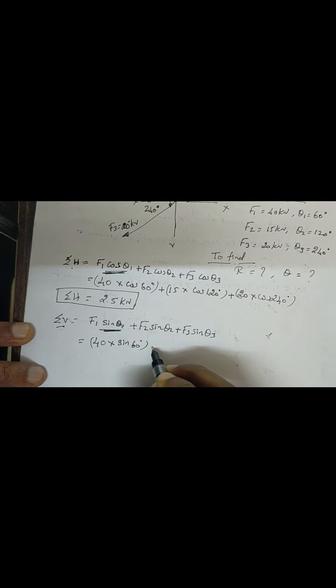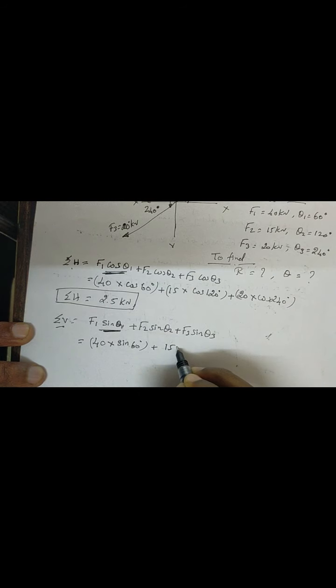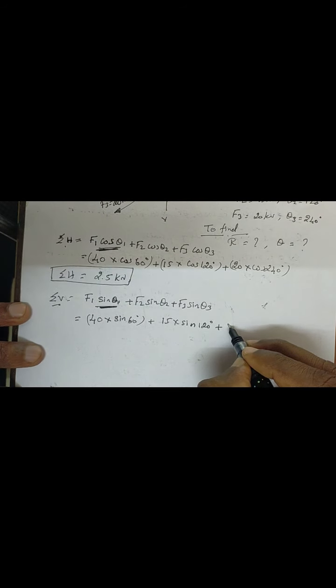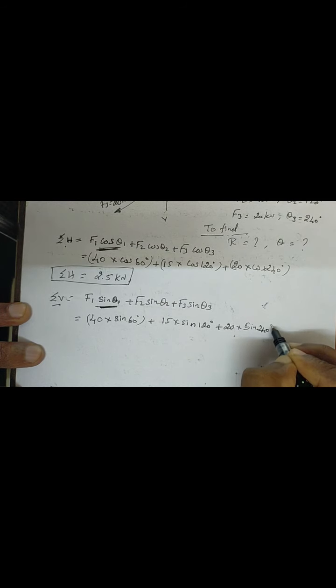So apply all these values: 40 sin 60 degree plus 15 into sin 120 degree plus F3 equal to 20 into sin 240 degree.